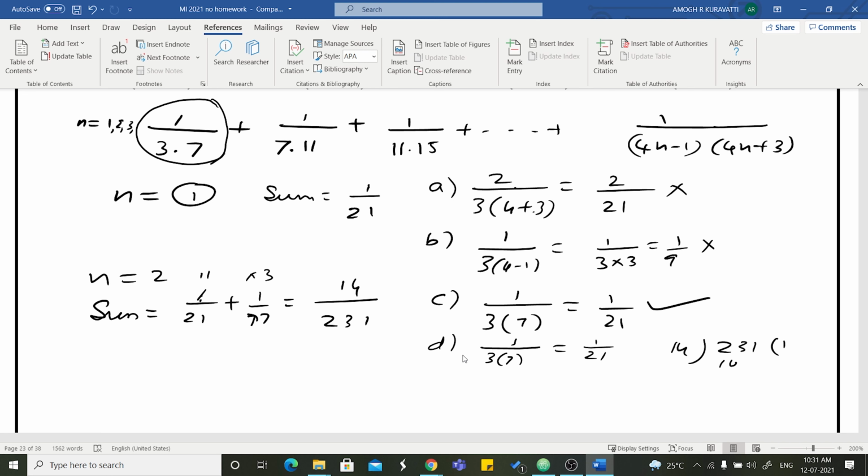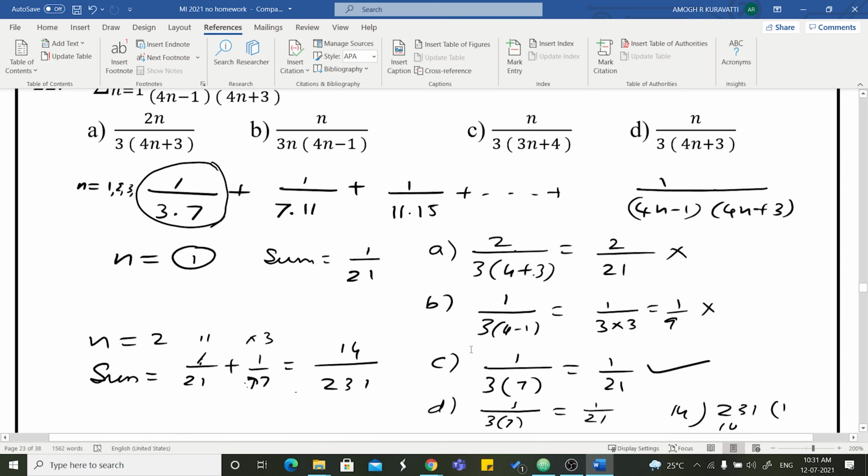So this is 11 ones are 11, 21 elevens are 77, threes are, 11 plus 3, 14. 14 by 231. Divide and see. 14 ones are 14, 231. Yes, you made a mistake here.